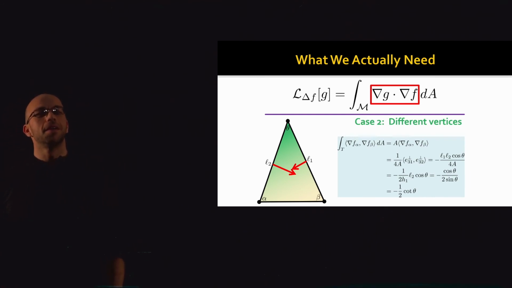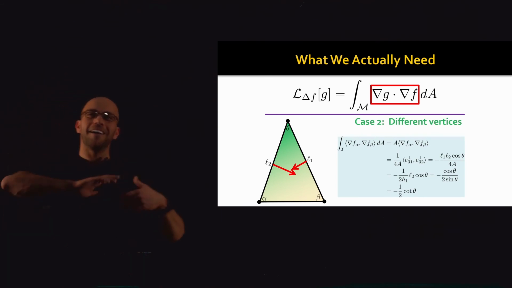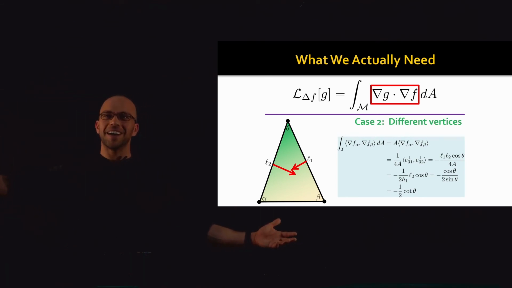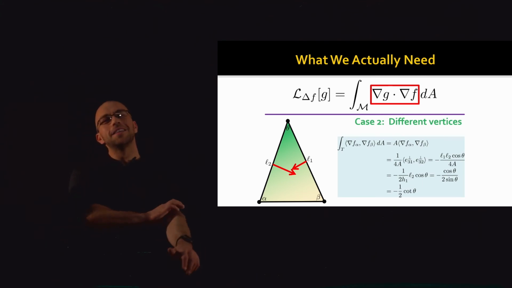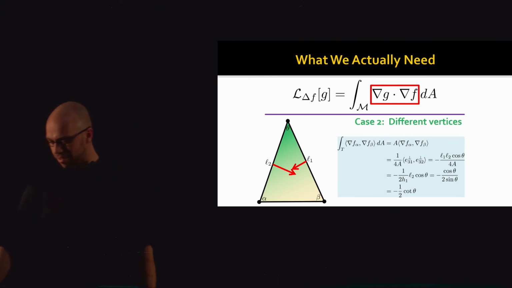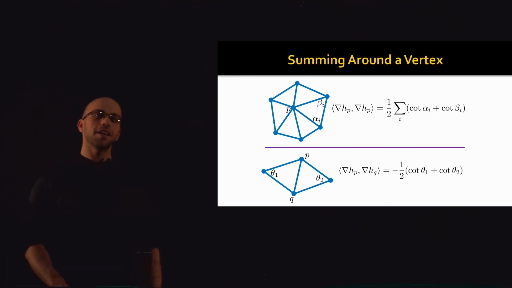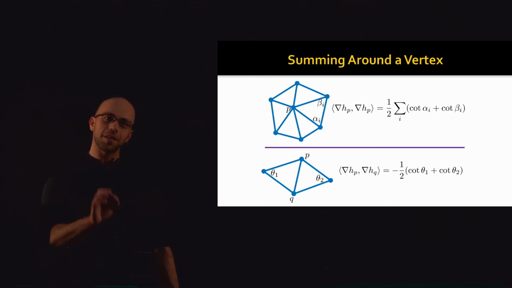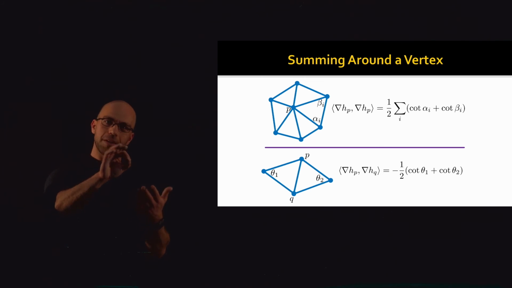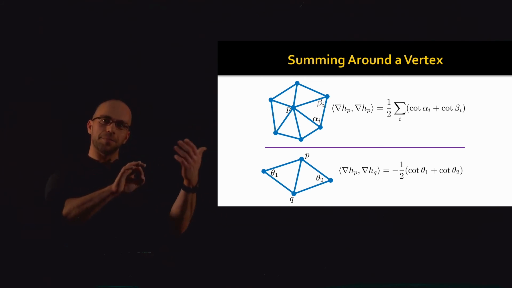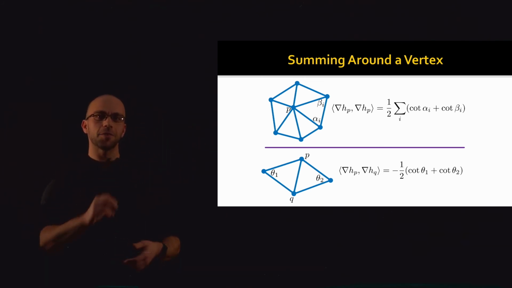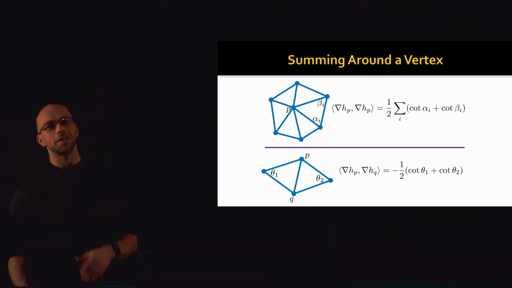Okay, so that does it. We've now done all the calculations we could do on a single triangle, but at the end of the day, we want to work on a triangle mesh, like a surface. So what do we need to do? Well, again, a hat basis is essentially that linearly interpolated function when you restrict it to any one triangle, but it's also, you know, the same interpolant on every single triangle.